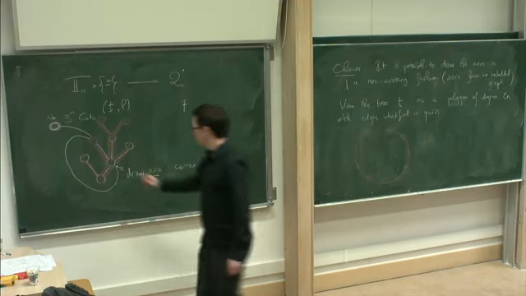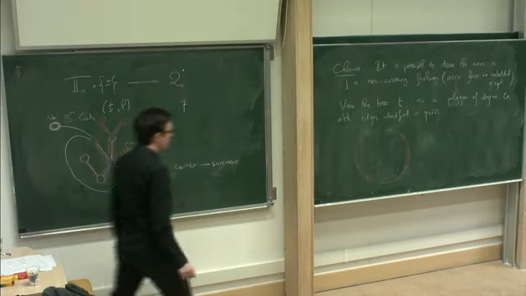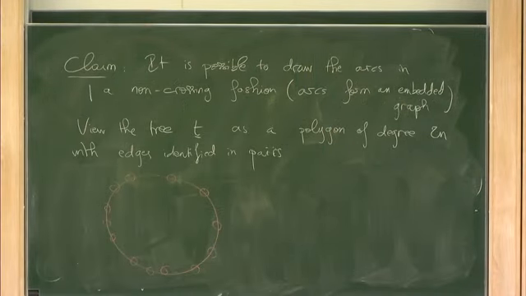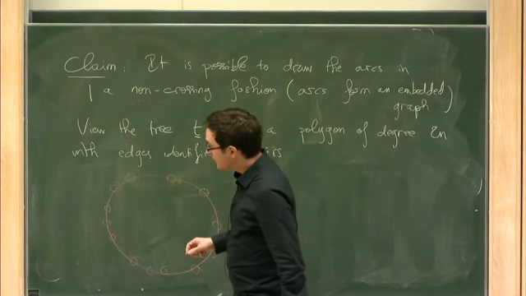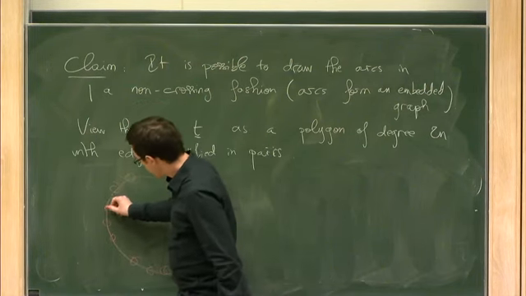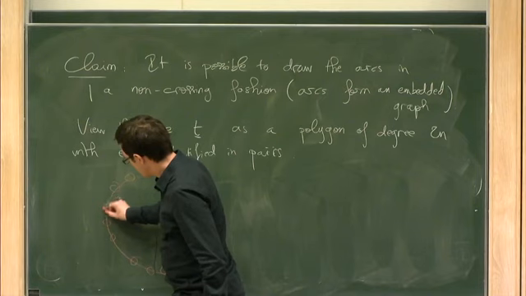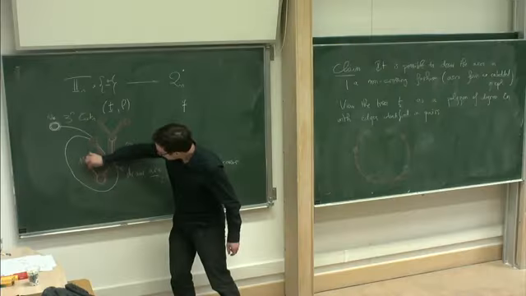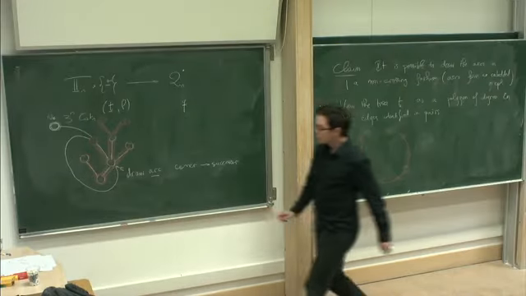So maybe in this case you will really need 14 vertices or something like that. And you see, when you go now along this polygon, you will have some identification. So let's imagine that this should really correspond to the root of the tree. So it means that the next two edges that I'm encountering should be identified.